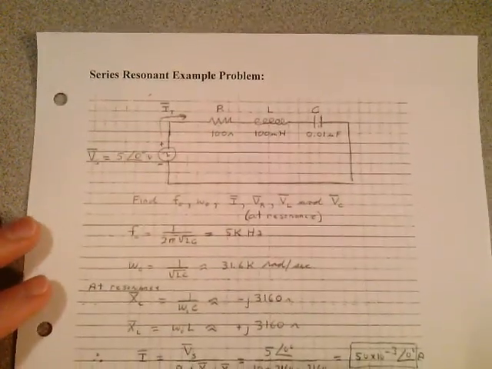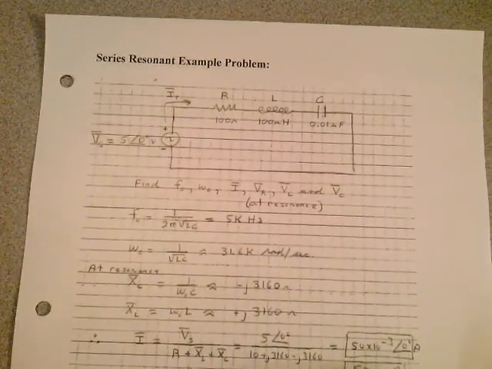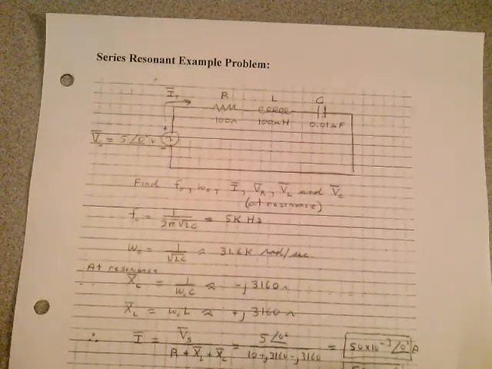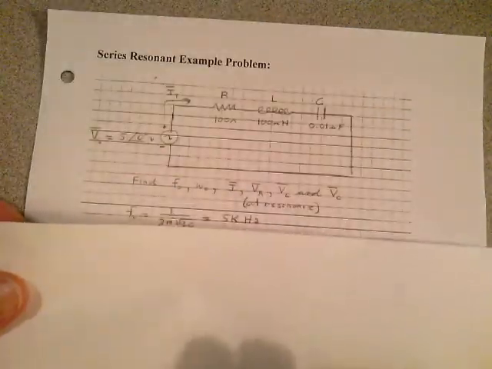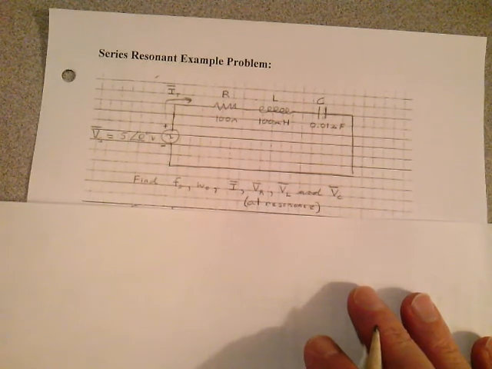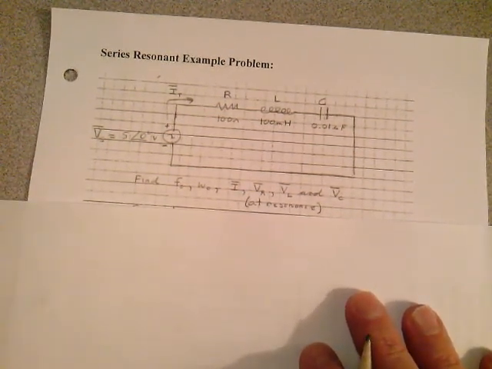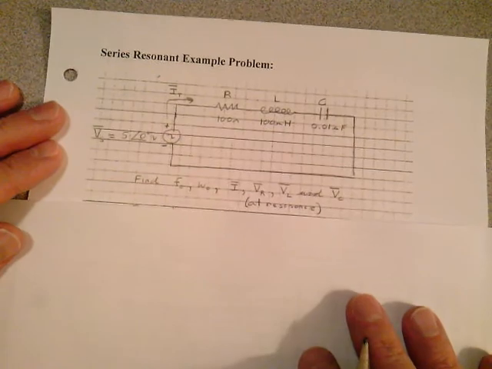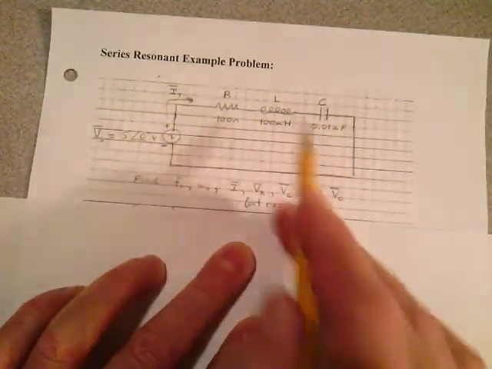Series resonance example, or series resonant example. What I'd like you to do here is cover up the bottom part of page number 233, because just knowing the equation for the resonant frequency on the previous page, and what we've covered in the preceding chapters, you should be able to work this out.